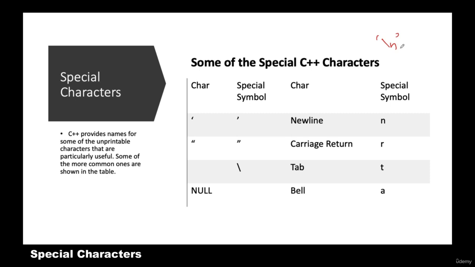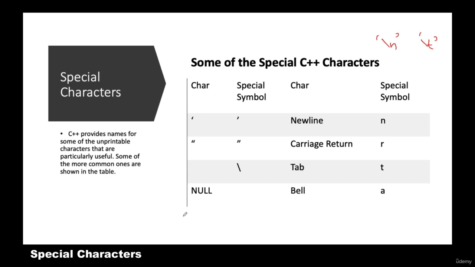It means the output should be displayed on a new line, and if it is slash r, then it will move to the carriage return. Similarly, there is a slash t option in C++, which is also a special character, and it tells the program to leave some tab space.